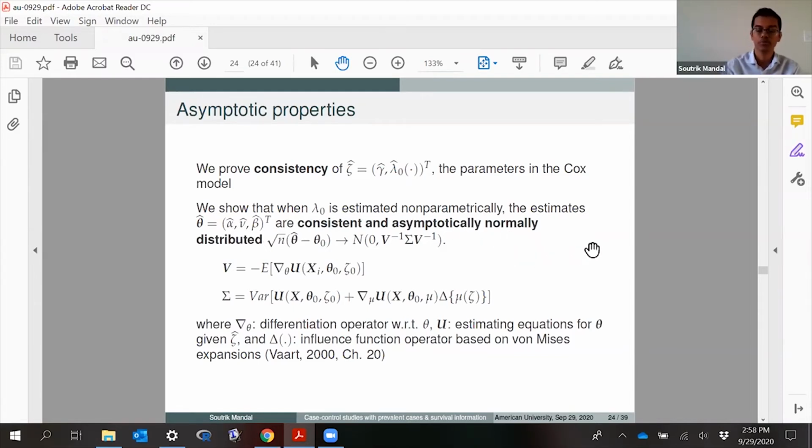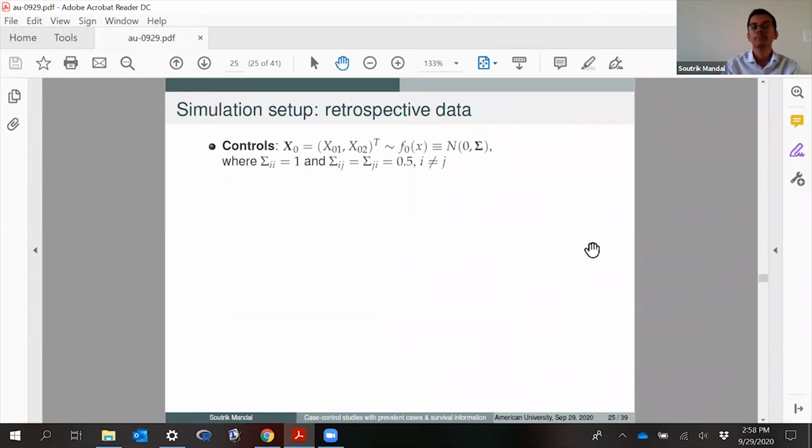Okay, just wanted to mention the asymptotic properties. And now we will go into the simulation setup.